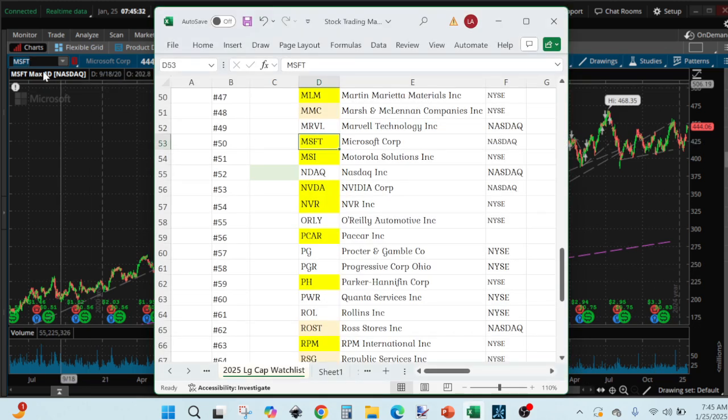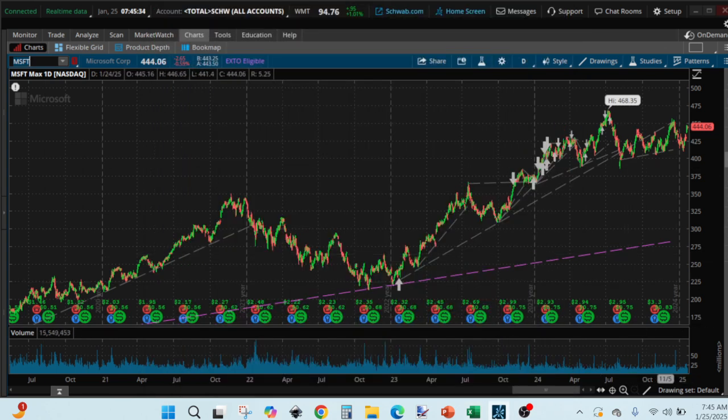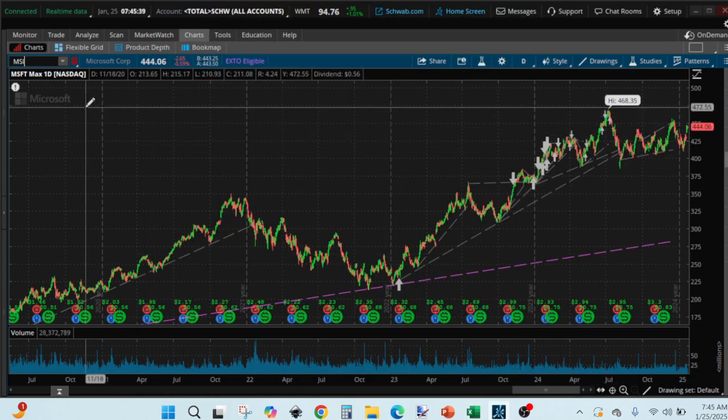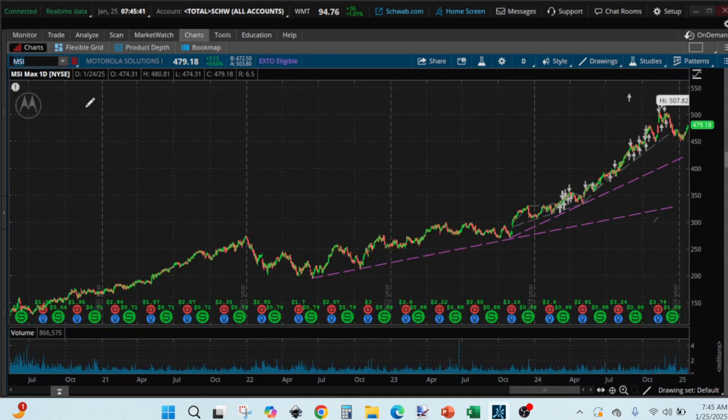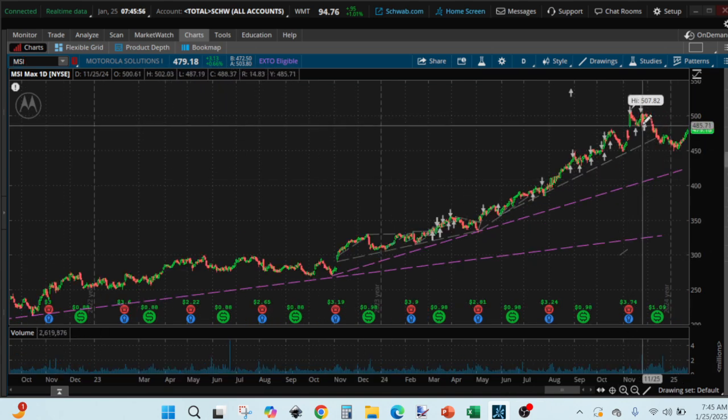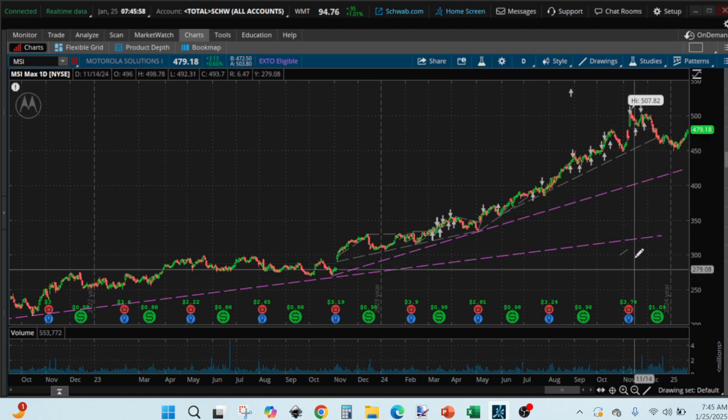And MSI. You know the date is at the bottom, so when you put your mouse on the bar where you purchased it, or where you put the arrow, you'll be able to estimate the date. So MSI, we like to buy at those trend lines, but right now we have it in our portfolio, and we purchased it around November.